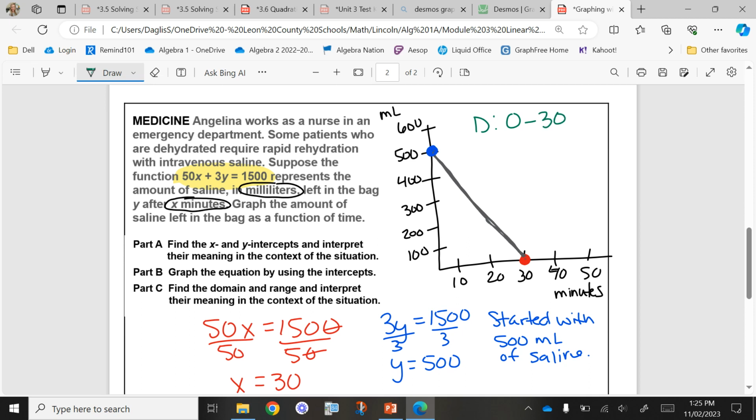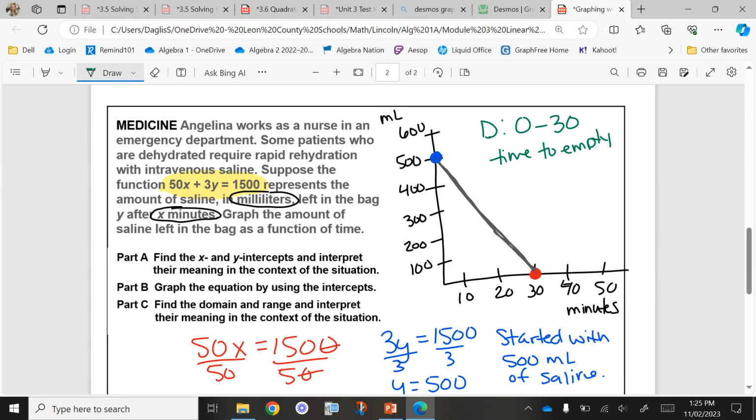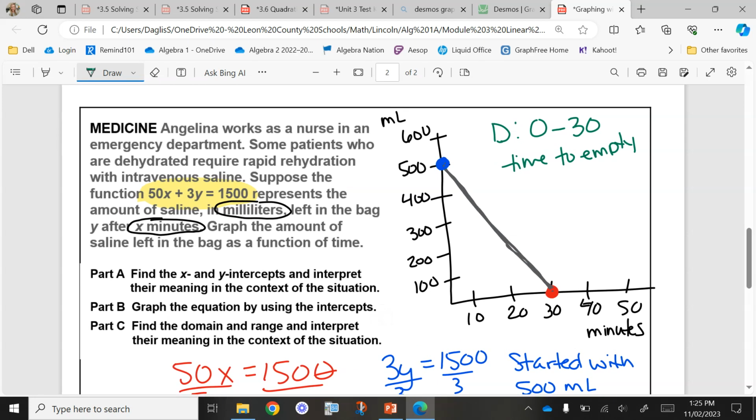My X's went from 0 to 30. Because what happened? That was the time to empty the bag. Yeah, D for domain. I'll zoom in. Our domain was 0 to 30. It took 0 to 30 minutes. That was the time period of the bag.